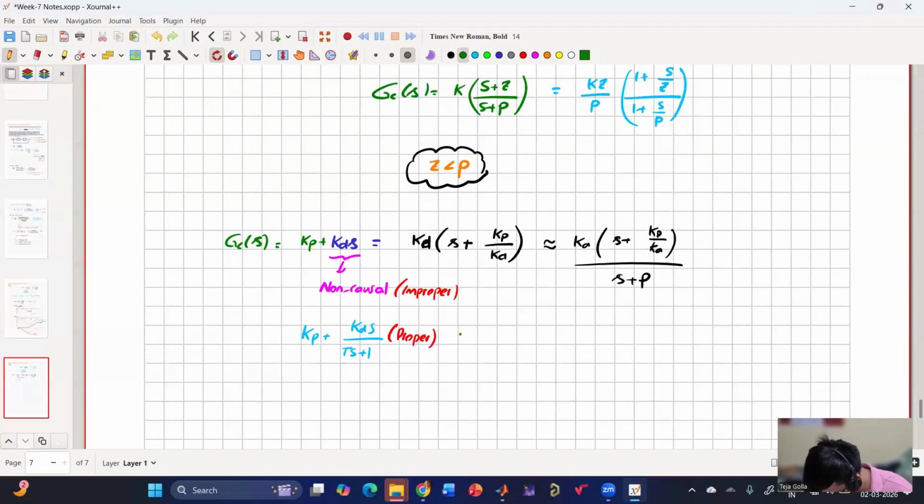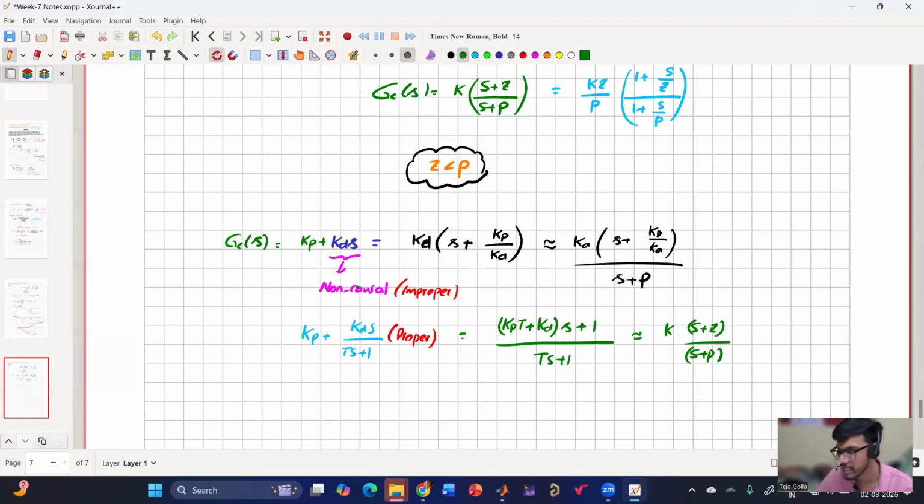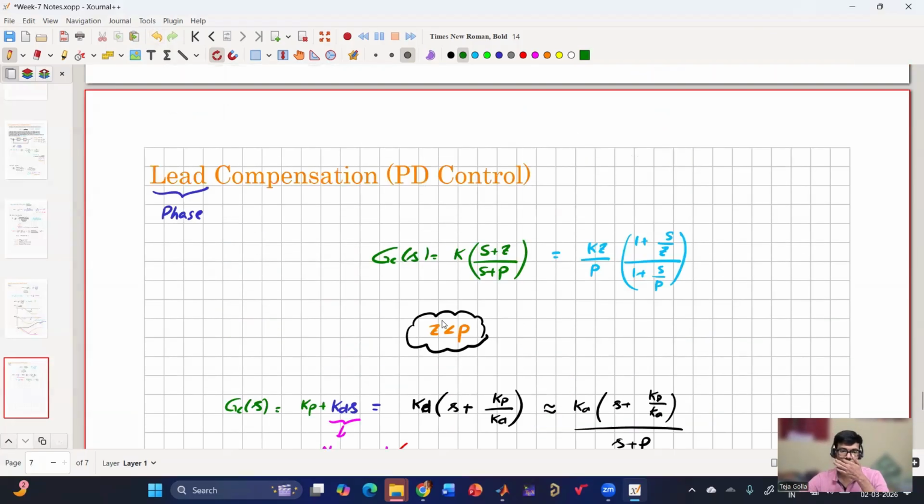If you simplify this, you will get Kp into T plus Kd into S plus 1 by tau into S plus 1. So it is in the form K into S plus Z by S plus P. So this is basically representing the PD control if my 0 is coming first.